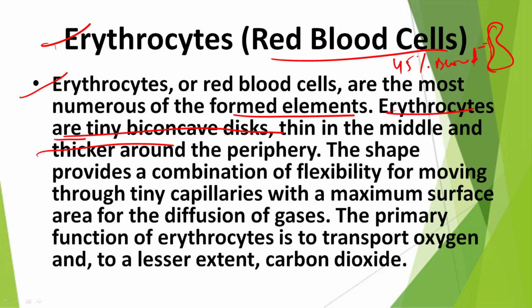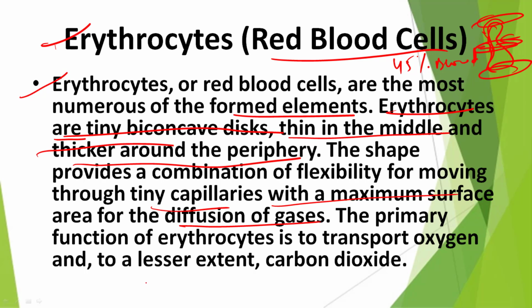They are concave from two sides, curving toward the inside, thin in the middle and thicker around the periphery. The shape provides a combination of flexibility for moving through tiny capillaries with a maximum surface area for diffusion of gases.